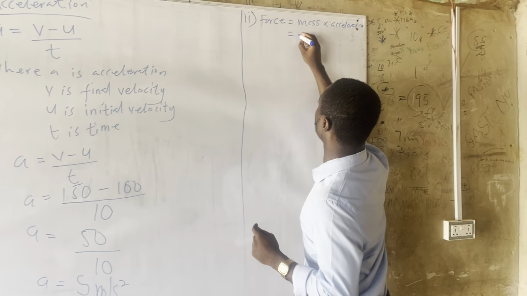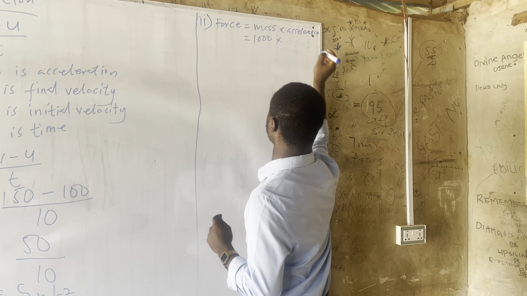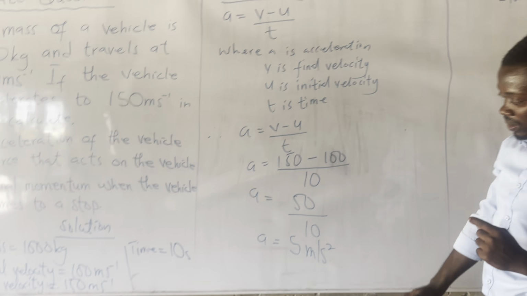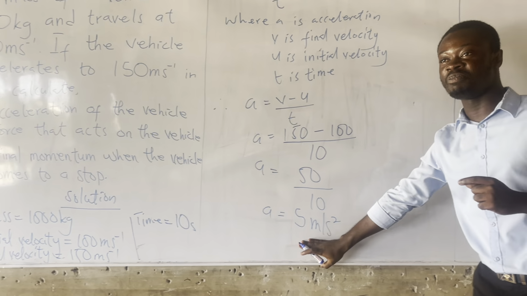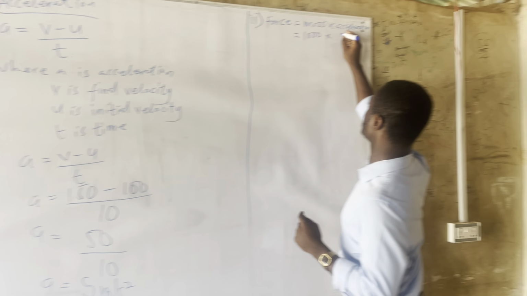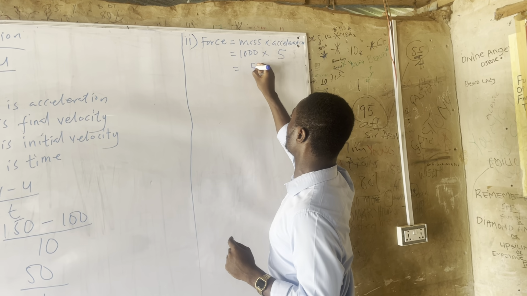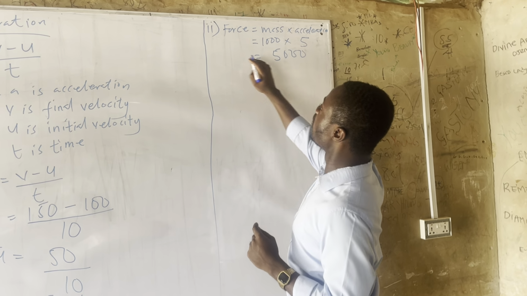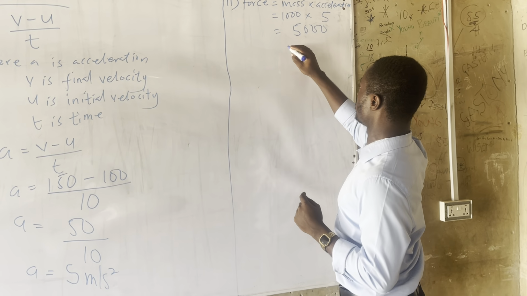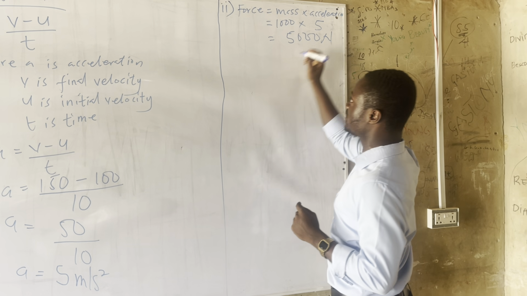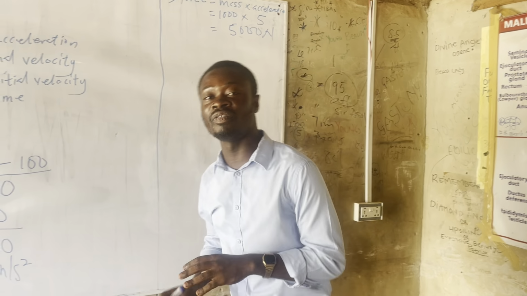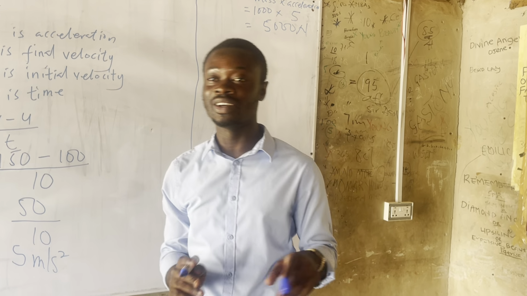So this gives us 1,000 times the acceleration. This is the acceleration, 5 meters per second squared. So that is 1,000 times 5, which gives us 5,000. So force is measured in Newton. So this is 5,000 Newton. Therefore, the force of the vehicle is 5,000 Newton.